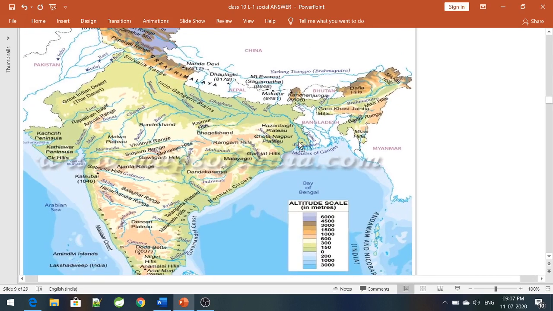Here we have all the rivers flowing and what the ranges and hills are. All these are located in this map.